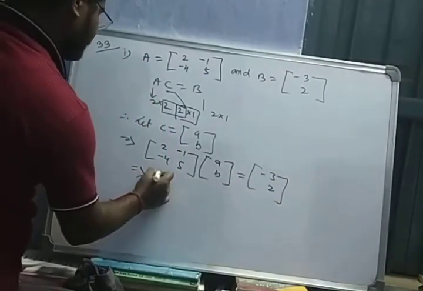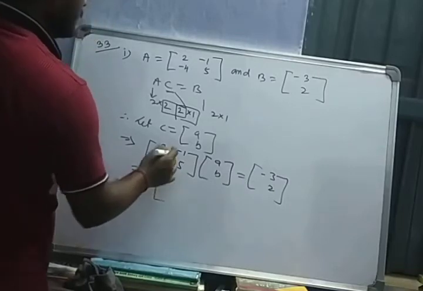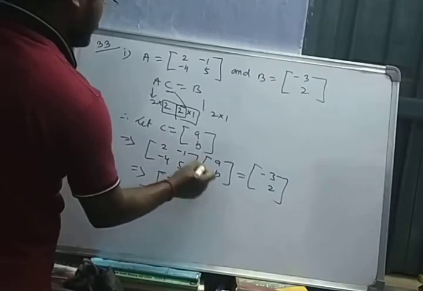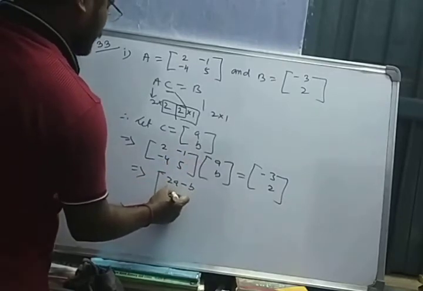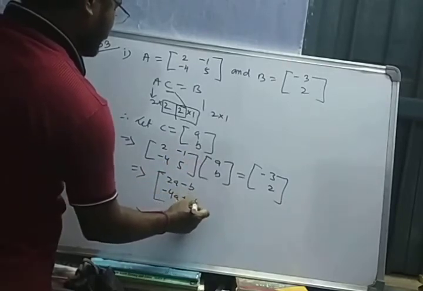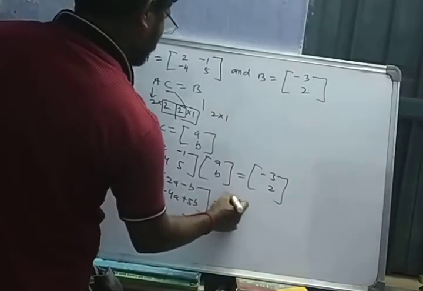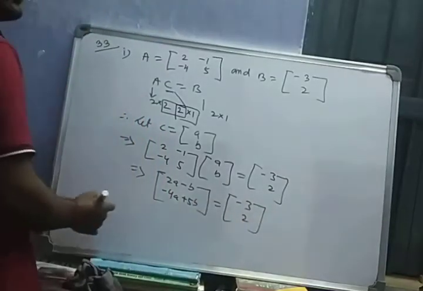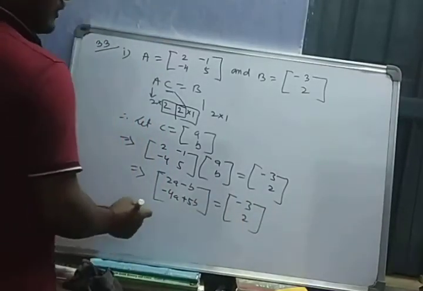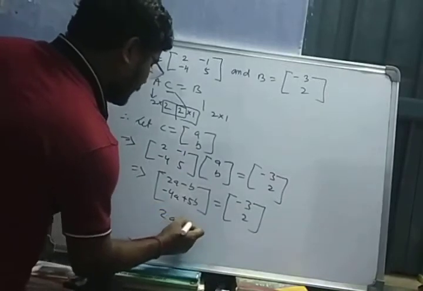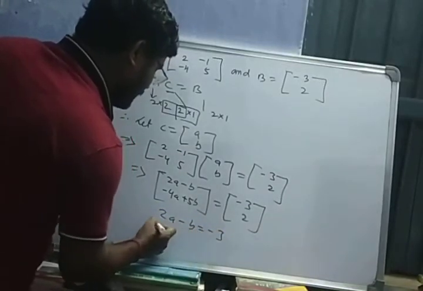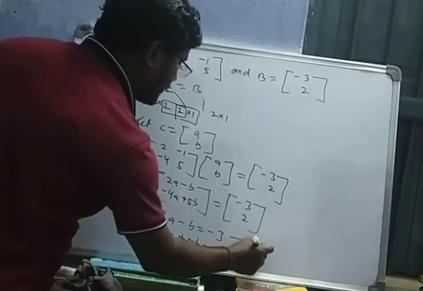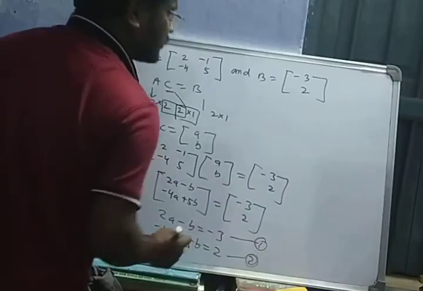Now, [2a minus b; minus 4a plus 5b] equals [-3; 2]. From the equality of matrices, we can write 2a minus b equals minus 3 and minus 4a plus 5b equals 2. This is equation number 1, this is equation number 2.